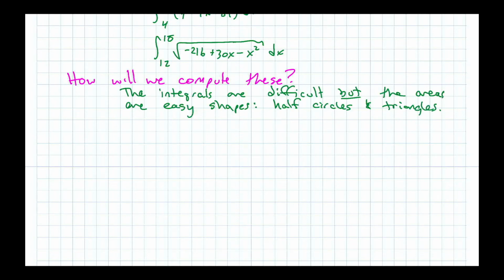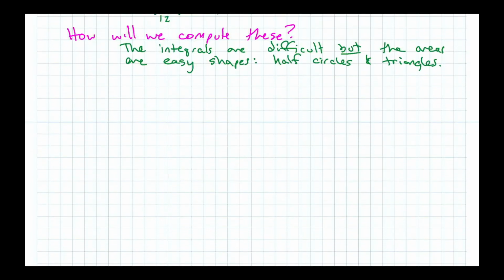And so that's the key. If you know how to calculate the area of a half circle or a triangle, then you can solve this problem. So use formulas for area.